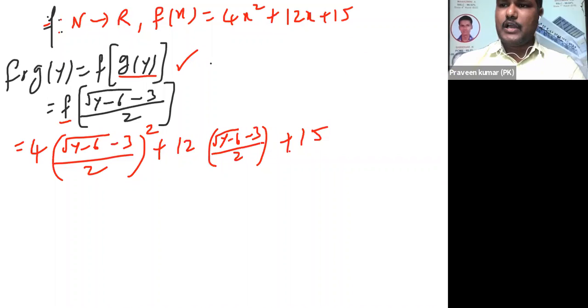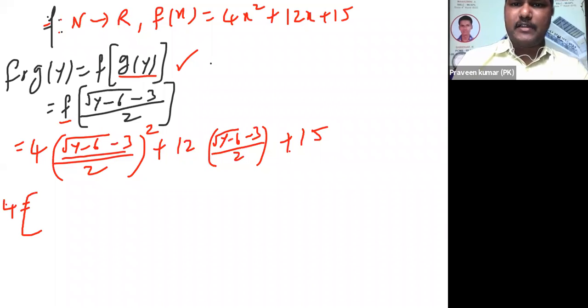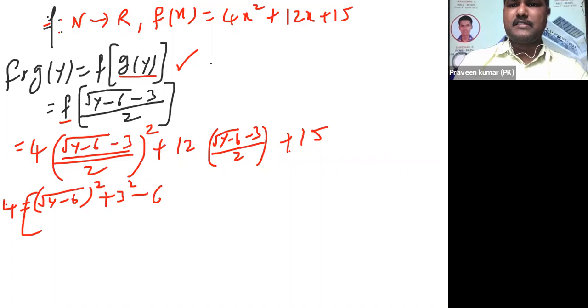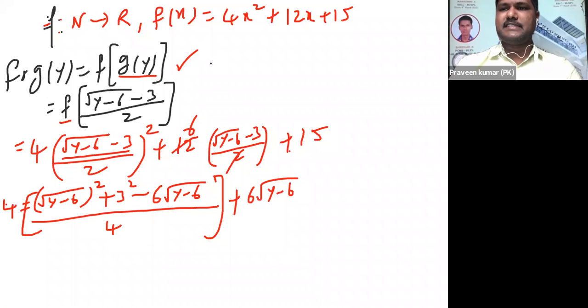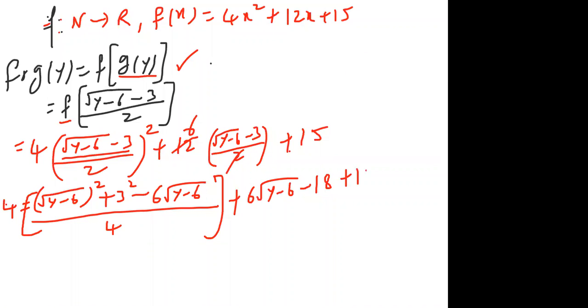Understand? Now, very important step. Numerator: 4 into, it is the a minus b whole square formula, a square, root of y minus 6 whole square, plus b square, 3 square, minus 2ab, 2 3s are 6, root y minus 6, whole divided by 2 square. Then 4 plus 12 into 3 by 2... 6 times 6 inside, multiply: 6 root y minus 6, minus 6 3s are 18, plus 15.